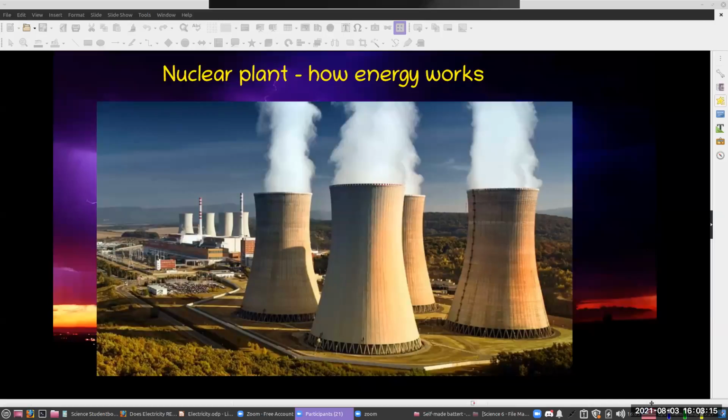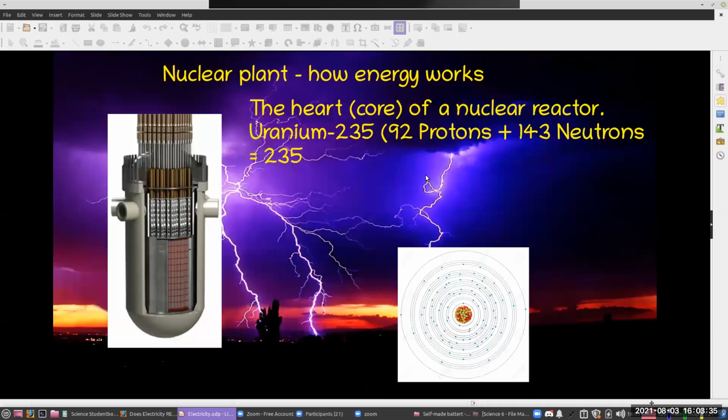This steam flows into a turbine and produces energy. So that means mechanical energy goes into electrical energy. So when we have here, as an example, the nuclear plant, we can see mechanical to electrical energy.